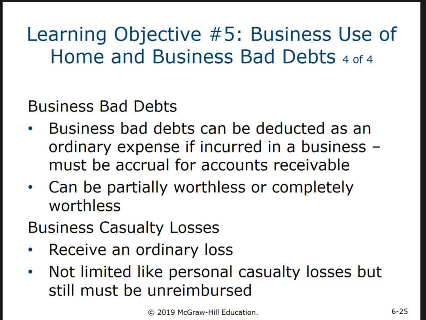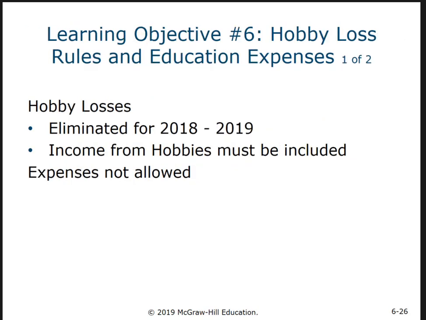But it can't be reimbursed, meaning if the insurance pays you for it, you don't get a deduction, or you only get a deduction or loss for the difference between what it was worth and what the insurance paid you. Okay? So returning back to the hobby loss, gone basically. Expenses not allowed, income must be included, as we discussed earlier.